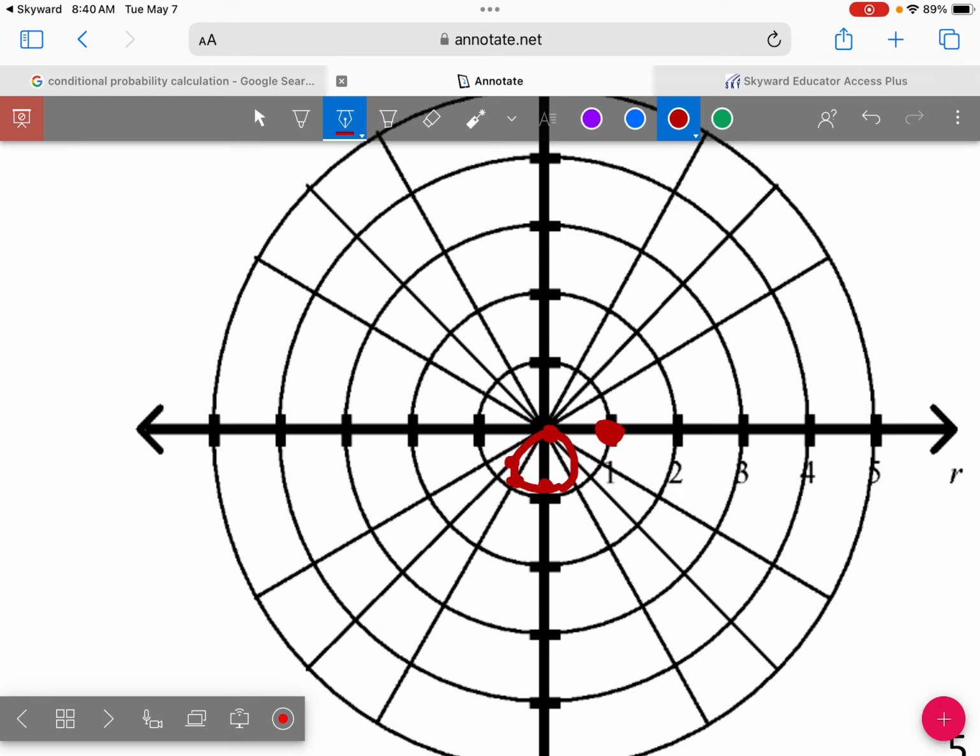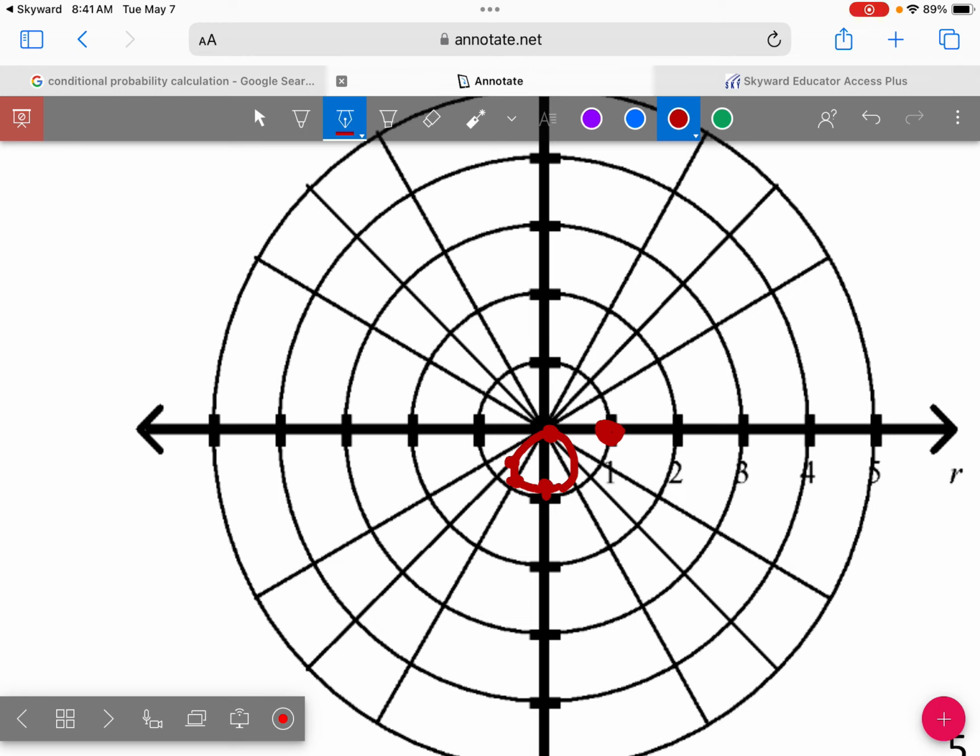And then, let's see here. We got pi over 2. That's negative 1. And then we have 2 pi over 3. And then we have 5 pi over 6. So 5 pi over 6 is 0.